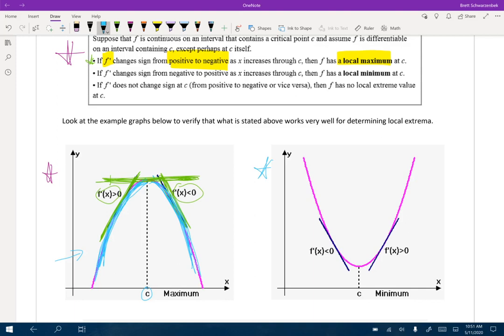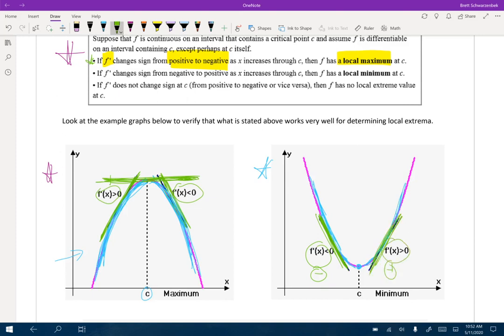So what if we have our critical point identified right here, which of course creates a horizontal tangent line? What if we have all points leading up to it, if drawing tangent lines to those points would create a negative slope, so a negative derivative. And then if we leave the point on the right side of it, all of the tangent lines have a positive slope identified with it.